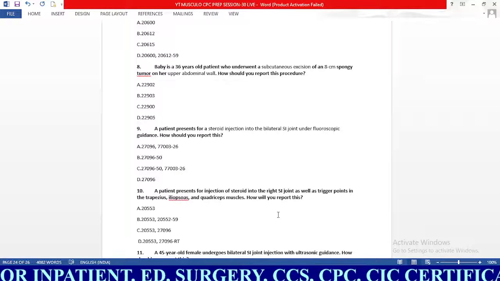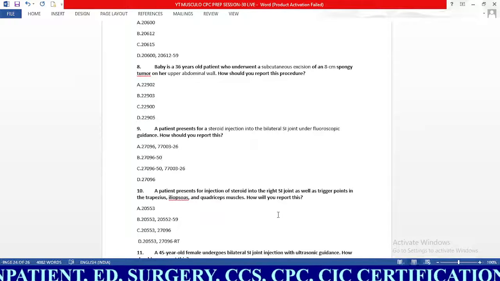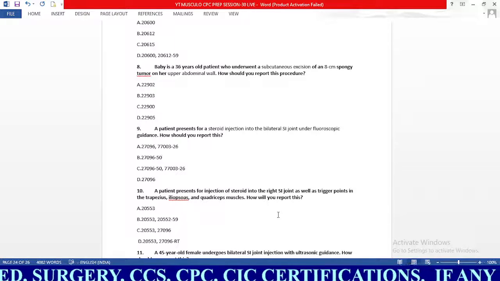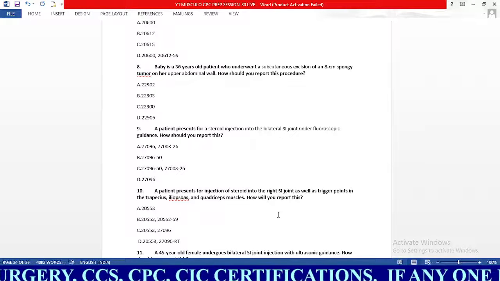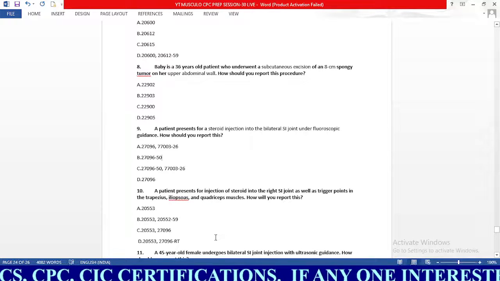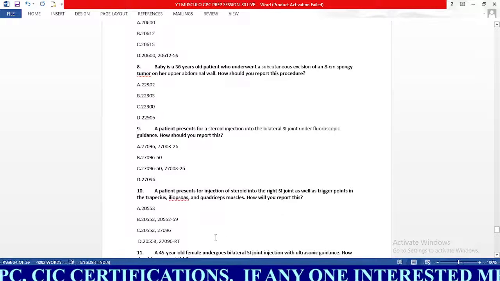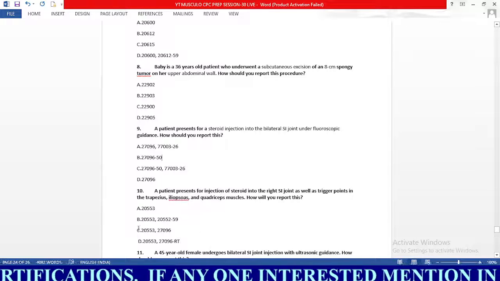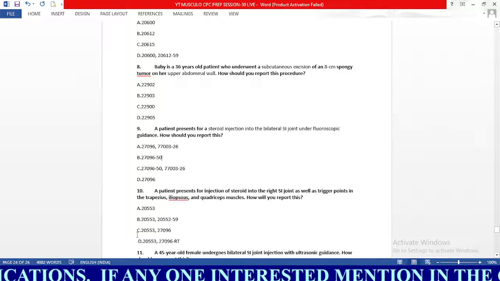Here, injection procedure for sacroiliac joint, anesthetic or steroid, with imaging guidance including fluoroscopy or CT, when arthrography is performed. So here our answer is D. Sorry, not D. What is this? 20553 and 27096. C is the answer.